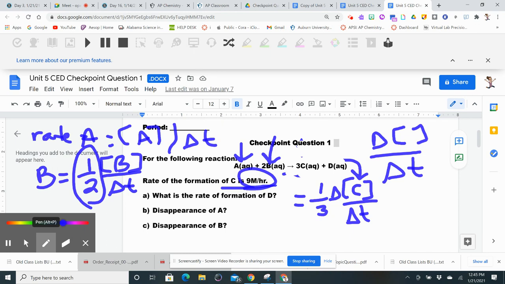Okay, it's based on that coefficient. So to find the rate of D, since C forms 3 times faster, I'm going to divide by 3 or multiply by 1/3. It's all the same thing, right? Does that make sense? So they just took and said 1/3 times 9.